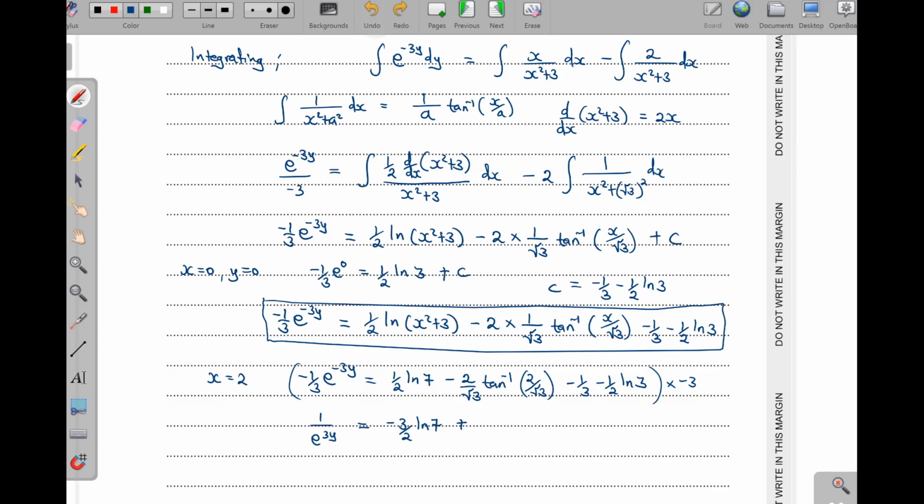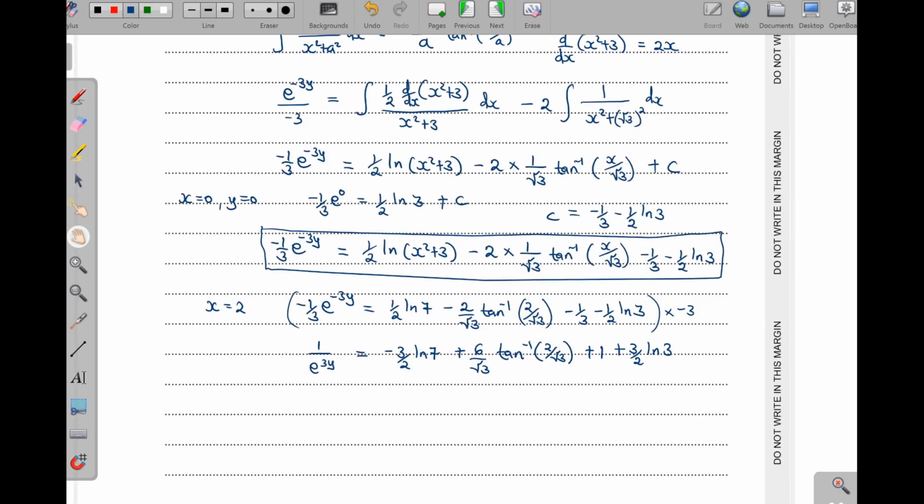So positive 6 over root of 3, then the arctan of 2 out of root of 3, and then this will be a positive 1, negative a third times this. Okay, that's a positive 1. Then this will be positive 3 over 2. Natural log of what? 3.